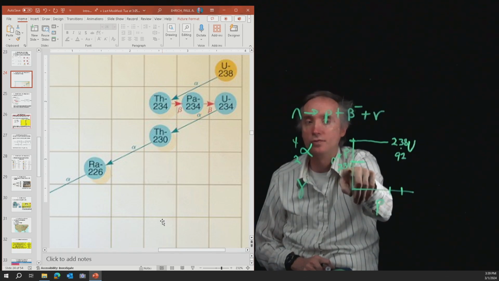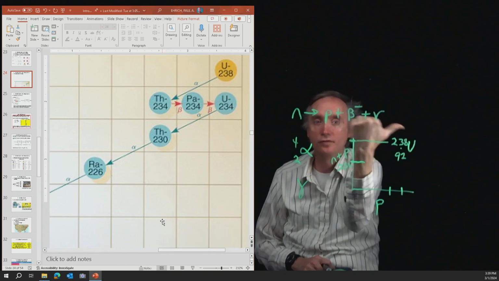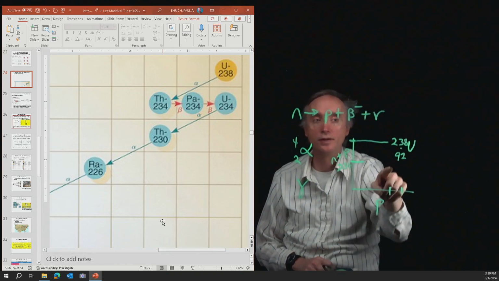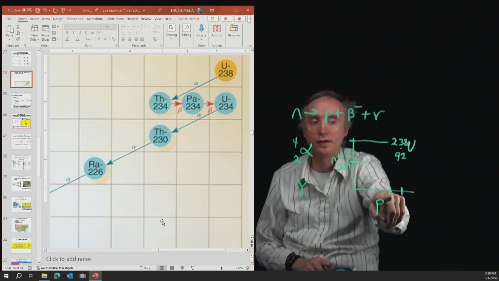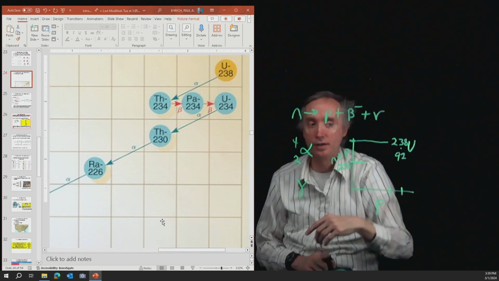It's still going to be 234, but it added a proton, so it shifted in this direction. Instead of being 90, it's now going to be 91. So that's going to be its atomic number.